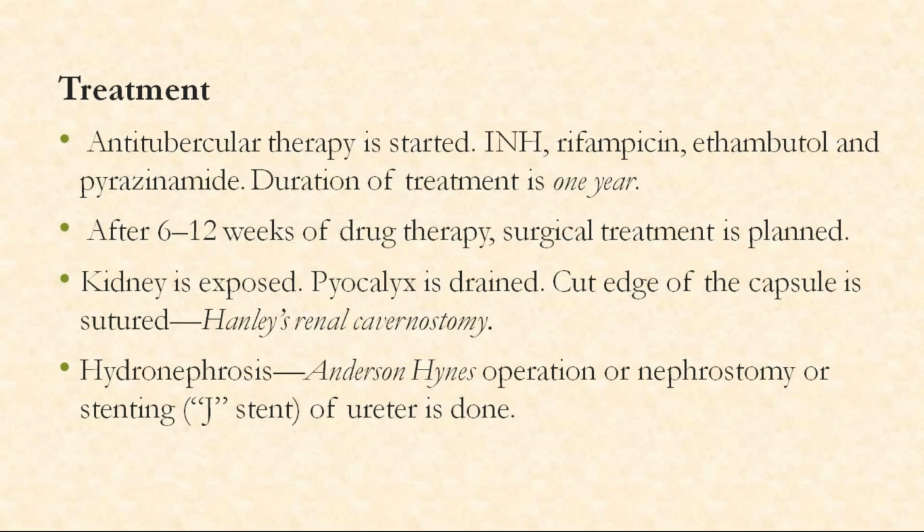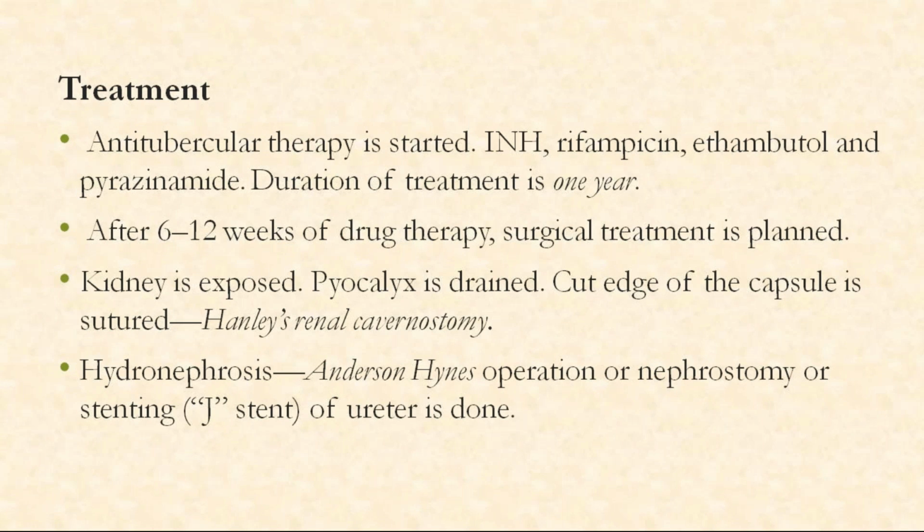Through the ureter, you can put a J stent and let out all the urine which is collected in the kidney. That is the treatment for hydronephrosis. So hydronephrosis is also one of the complications of tuberculosis of the kidney. Okay.